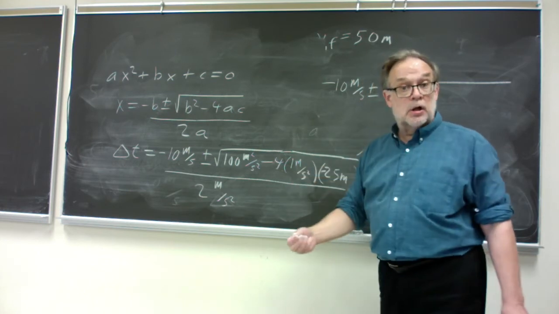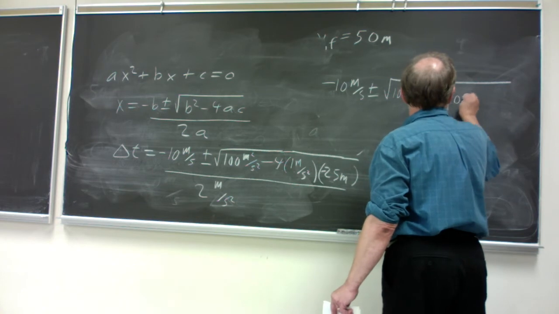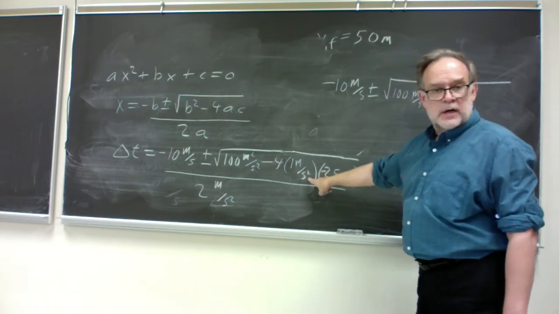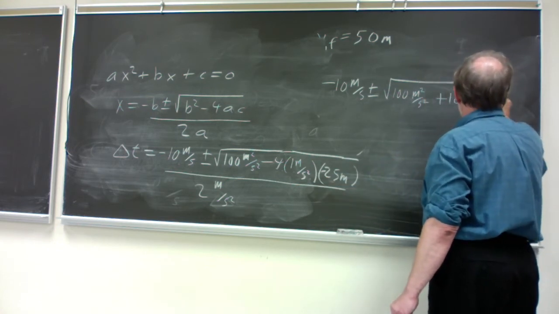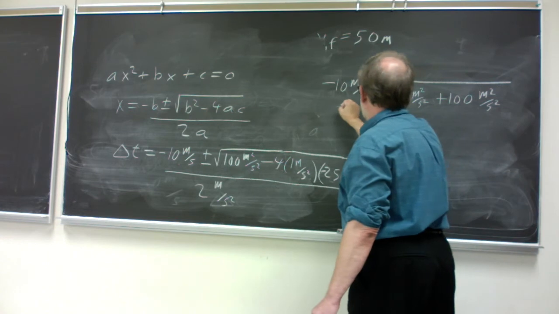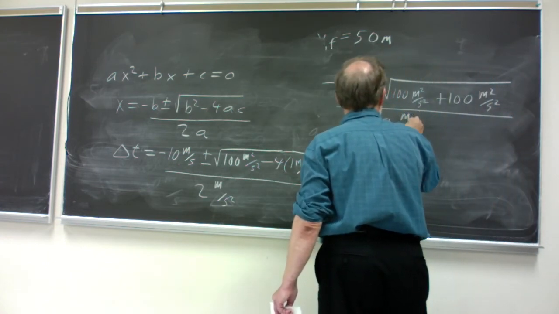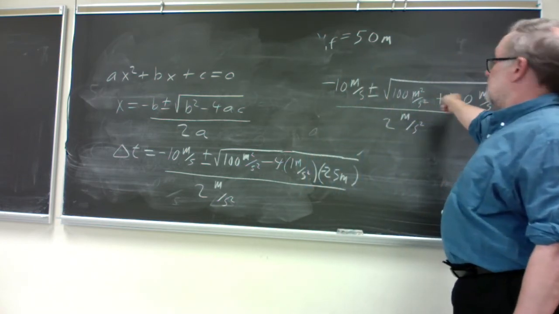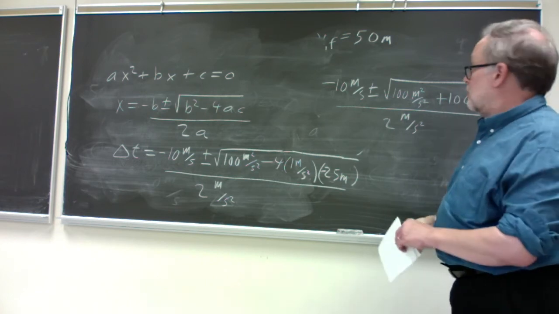Times 1 is still plus 100. Meters times meters divided by second squared, or meters squared per second squared, and all divided by 2 meters per second squared. So under the radical sign here, we've got 200 meters squared per second squared.